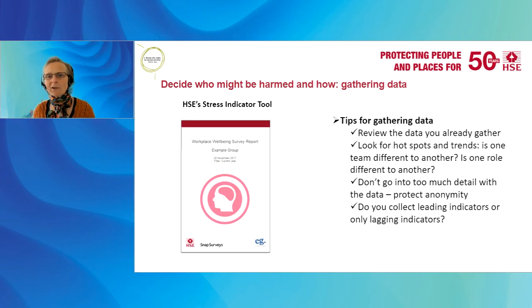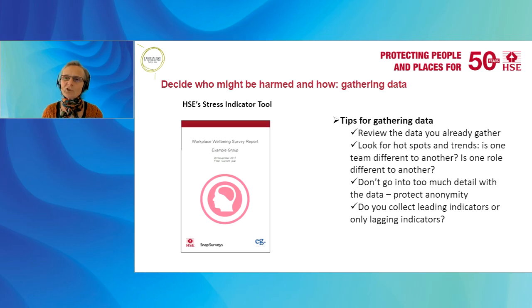Also, when you're thinking about your data sources, have a think about leading and lagging indicators. Things like sickness absence data are lagging: harm has already happened. Something like staff surveys, which give you an indication of how people are feeling before harm has happened, is more of a leading indicator. So try and identify some data sources where harm hasn't already happened.